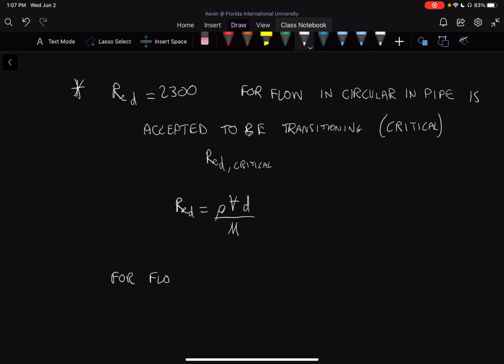For flow at 20 degrees Celsius in a 5 centimeter pipe, so that would be 5 centimeter diameter, at what velocity would transition occur? So how would we solve this?